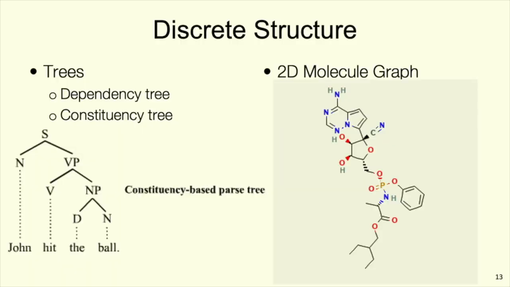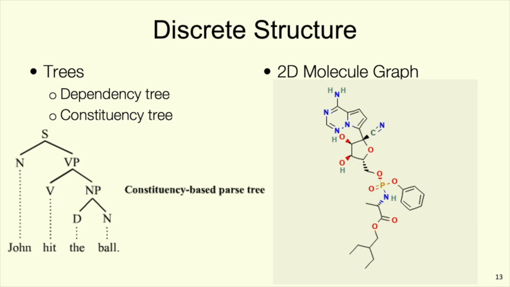Okay, so that's about the sequence. And well, beyond sequence, we also have structure. For text, there's a tree structure. We have different kinds of trees to represent the syntax of text.